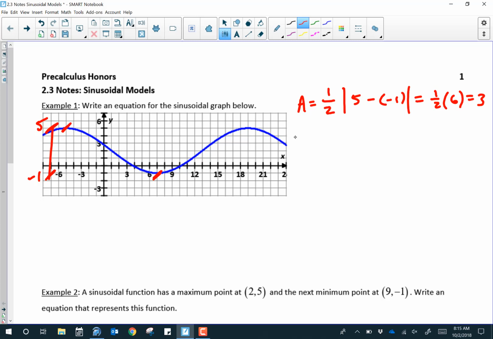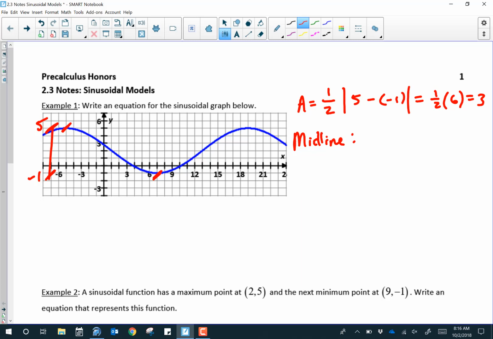Next would be my midline. I know that's out of order of the A, B, C, D, but I typically do the y values first, which are the amplitude and the midline, and then I go back and do the x values, which are the phase shift and the period. It's easy to see on this one, but when we get into really gross numbers, it's good to have a process.